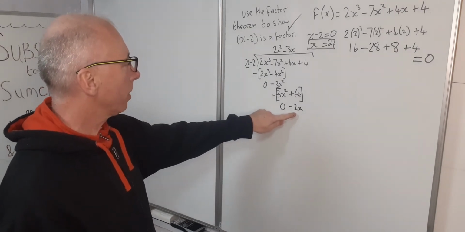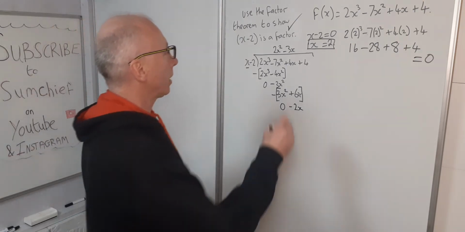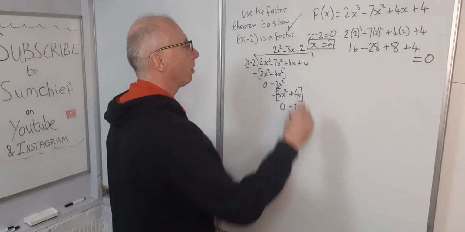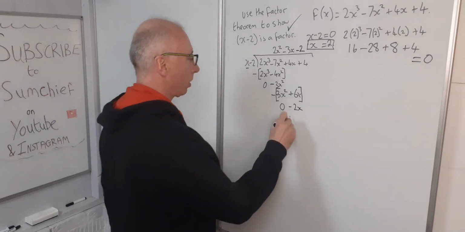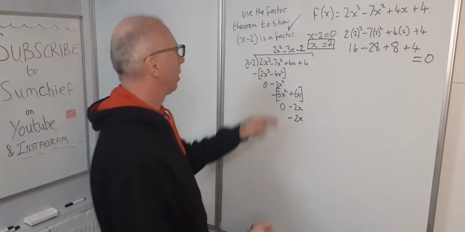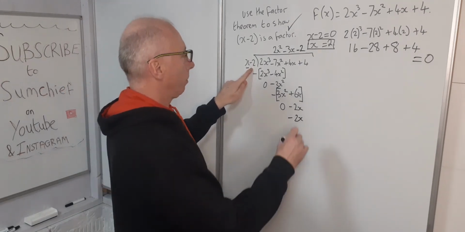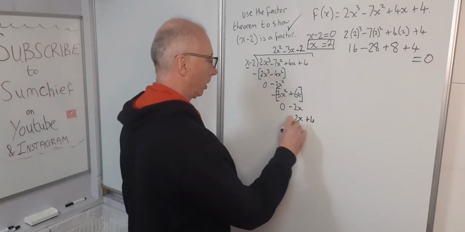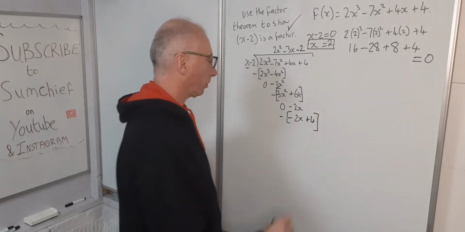Right, minus 2x. To get from x, we need minus 2 as a factor. So that's minus 2. And then minus 2 multiplied through gives us minus 2x. And minus 2 times minus 2 is plus 4. And again, we're going to subtract these off.